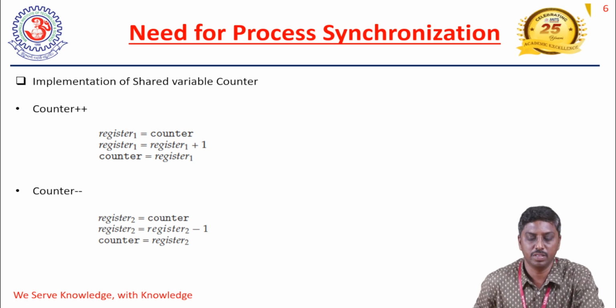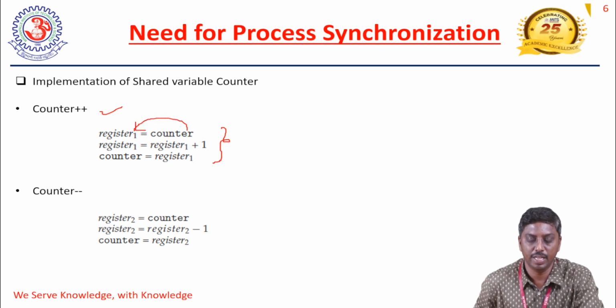For example, if the counter plus plus statement is converted into machine level language, the actual execution of the system, the single counter plus plus statement is achieved using these 3 assembly level statements. Assume that I have a register. The present counter value is moved to some register R1.